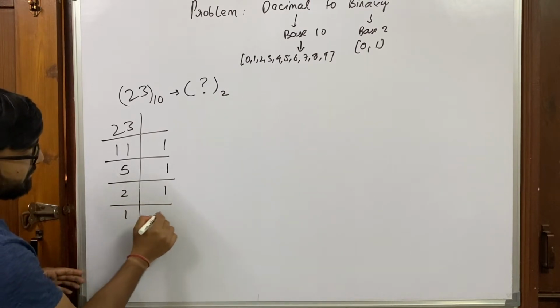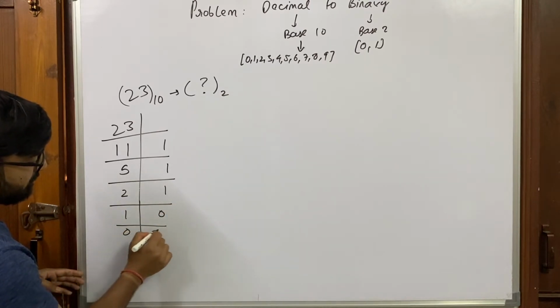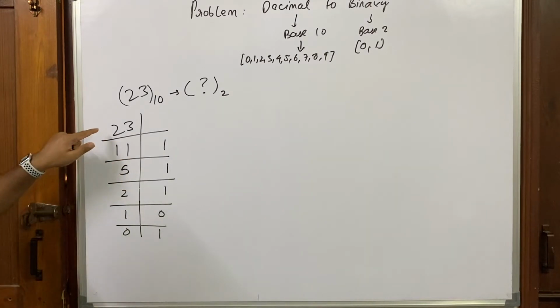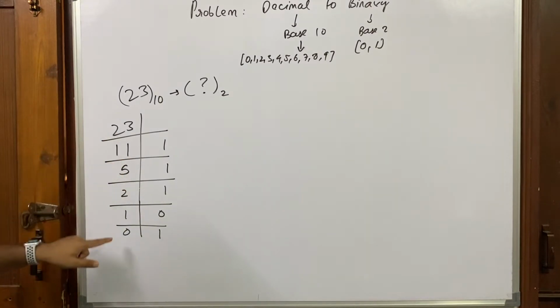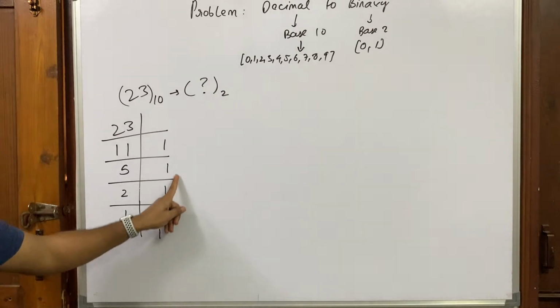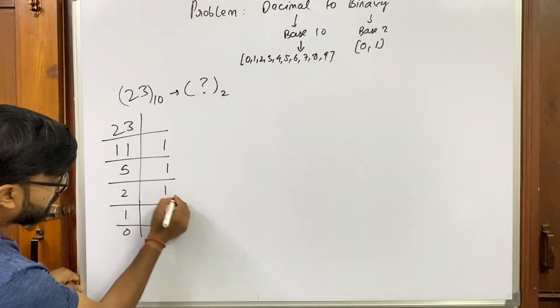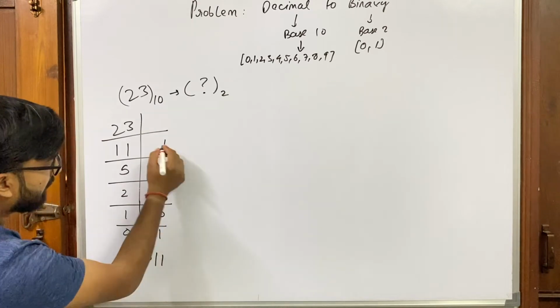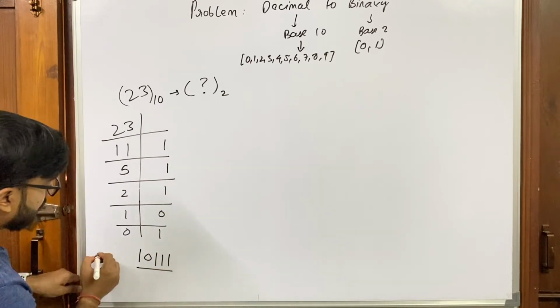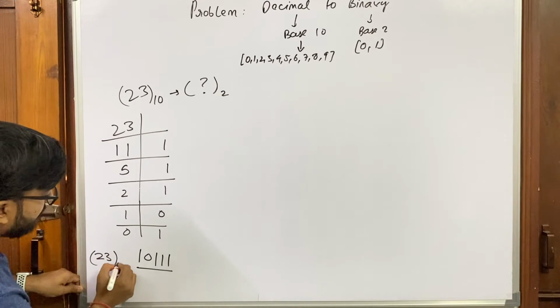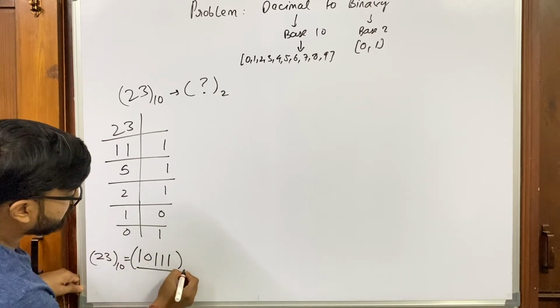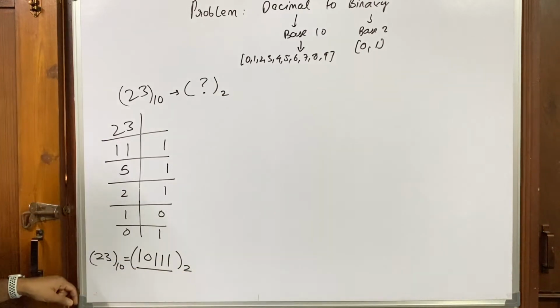We get 1 remainder 0, then 0 remainder 1. The first step is to keep dividing this value by 2 as long as it does not go to 0, and then append the remainders in reverse order. So 1, 0, 1, 1 and 1. So 23 in base 10 is basically 10111 in base 2.